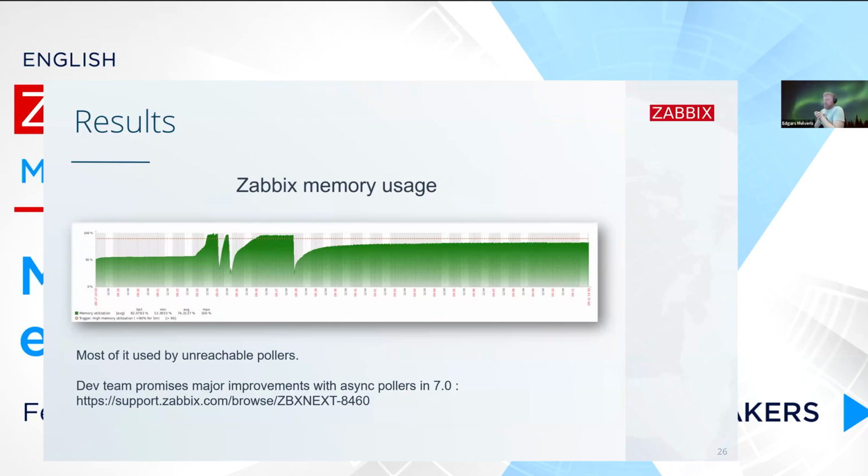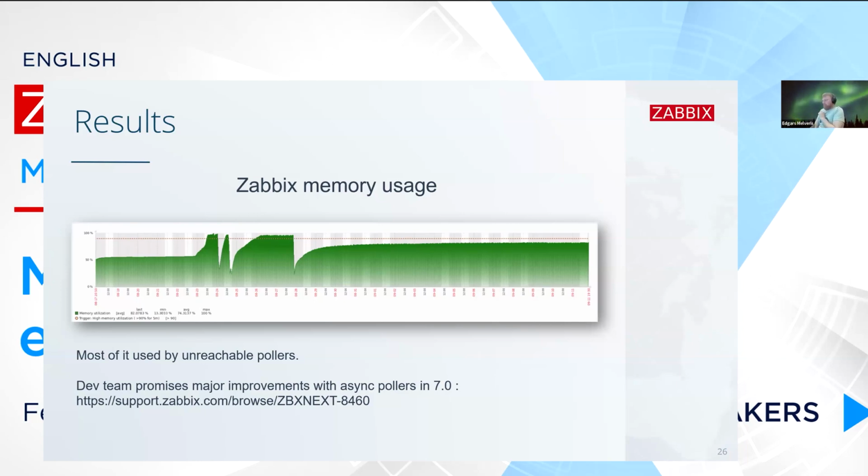And as far as I understand the causes, well, no, I know the cause is unreachable pollers, and I talked with developers, but it all ended up with the fact that there will be some more major changes in 7.0 that should also fix this. So basically, we did not investigate much further. By decreasing the amount of pollers and unreachable pollers, again, we normalized the situation and we were fine with that.